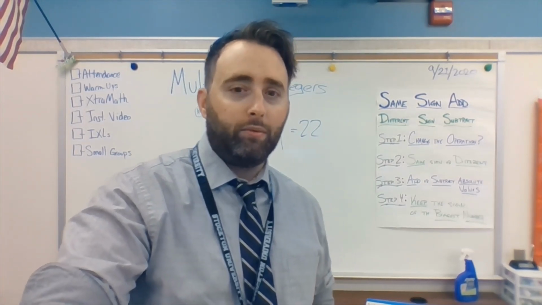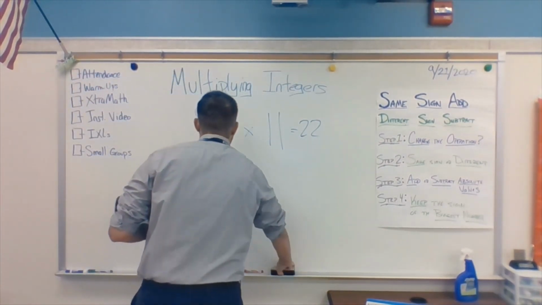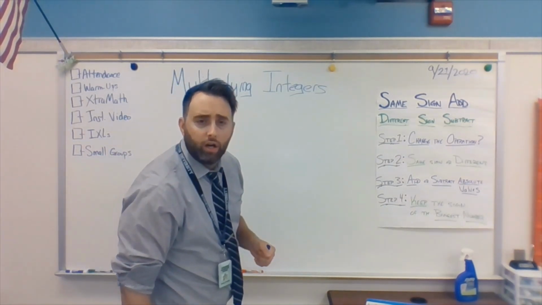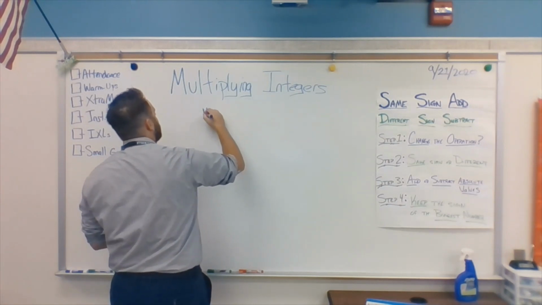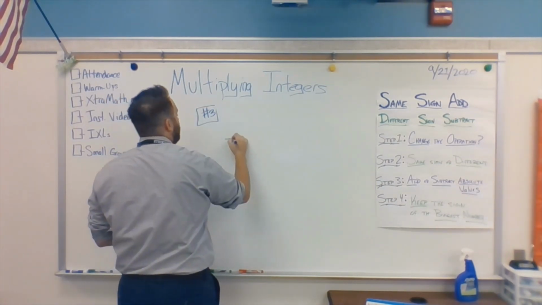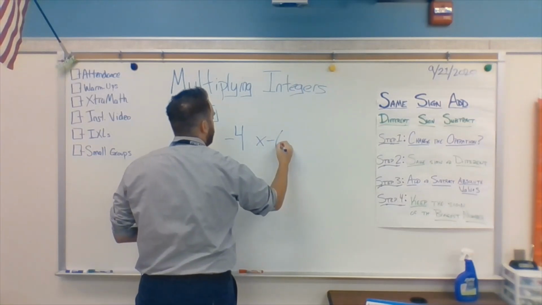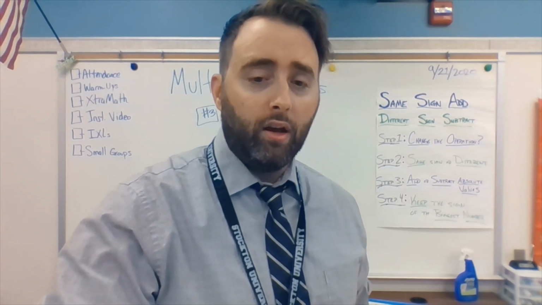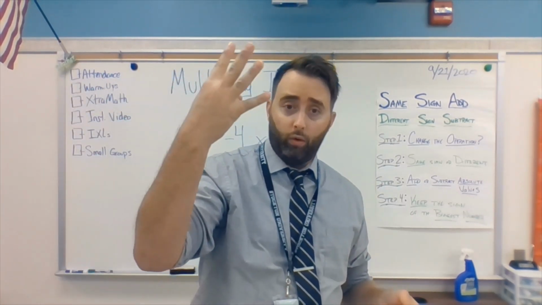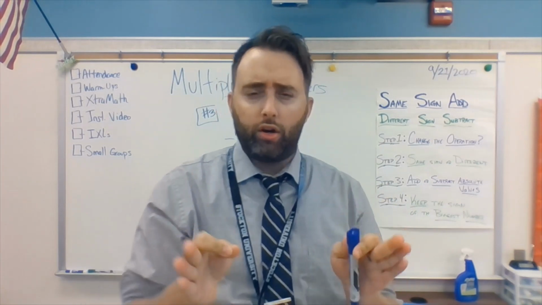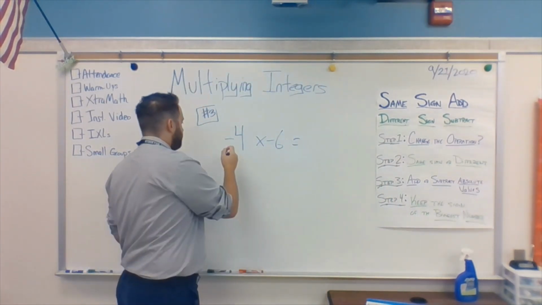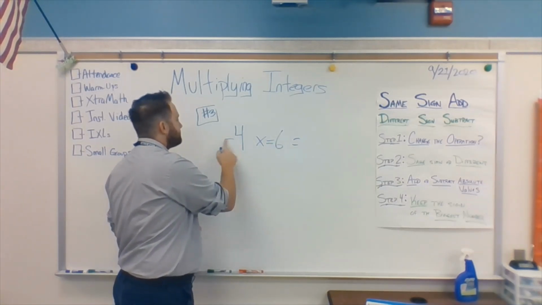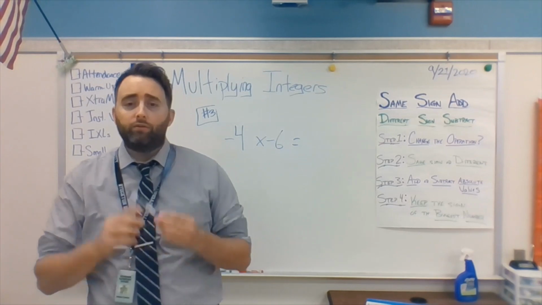Let me pull up the second question. This is number 3 from that worksheet. You have negative 4 times negative 6. Now, what is 4 times 6? Well, 4 times 6 is 6, 12, 18, 24. 6 times 4 is 24. Okay, good. Now, think of Romeo and Juliet.